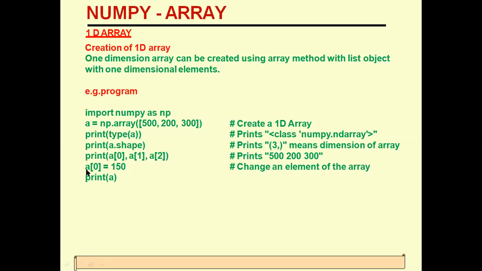Here A0 equal 150. Now in the 0th position I am adding 150, so it will change the first element from 500 to 150. Print A prints the current values.